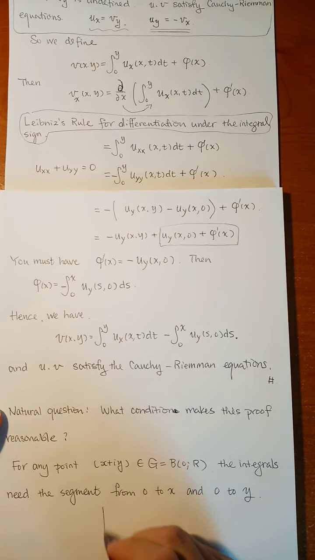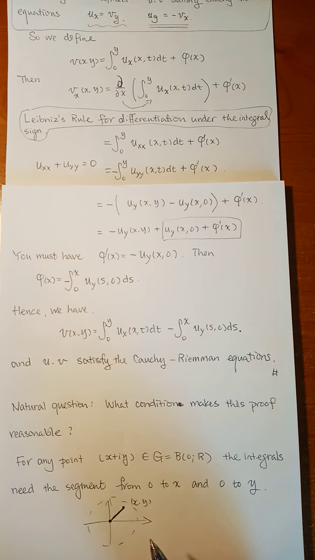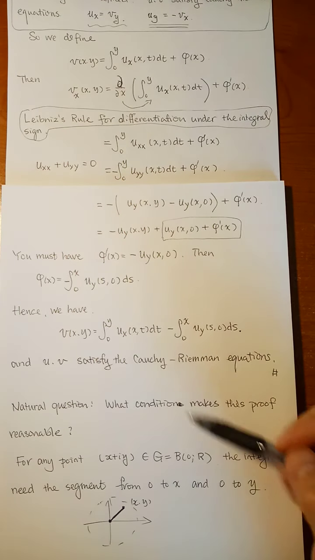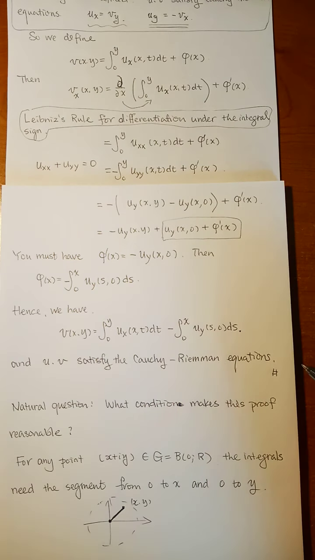So basically, you have 0, you have (x,y). You need to be able to connect them, and when you connect them, you do the integral along this segment. All the points should make sense. By this way, we can go through it because the whole argument only depends on this segment connection.